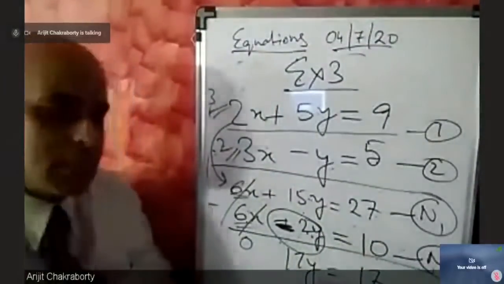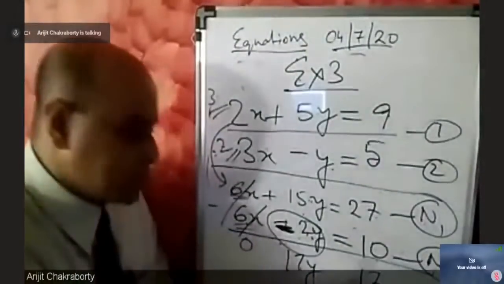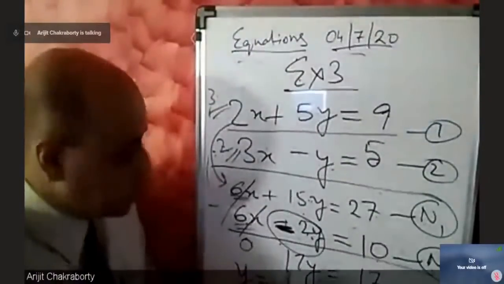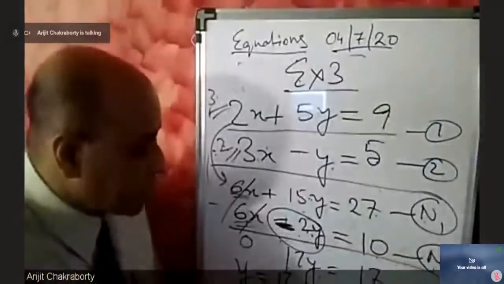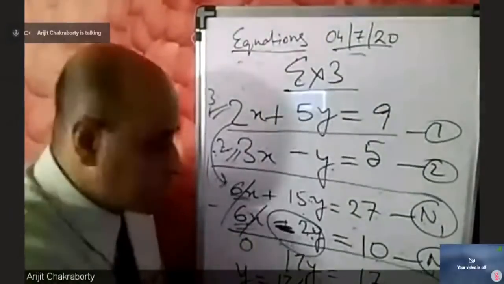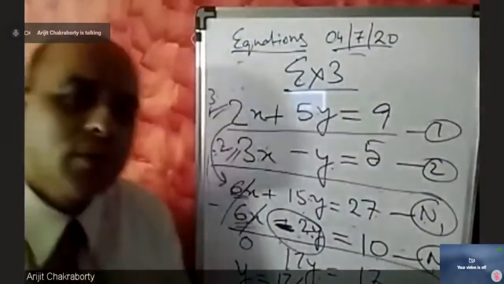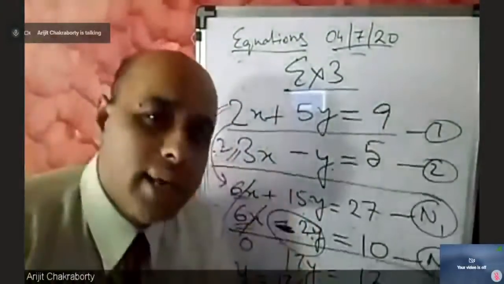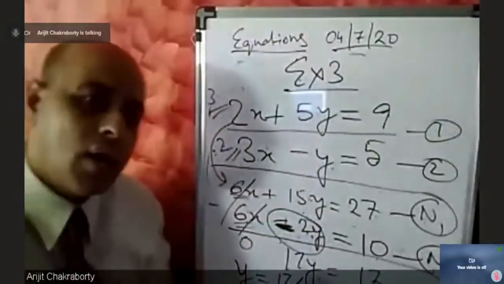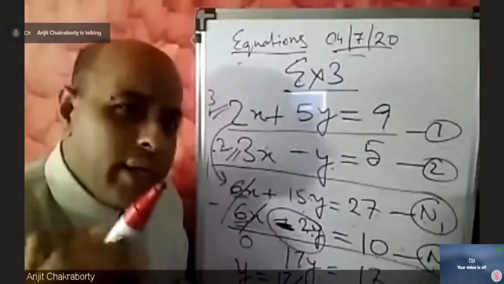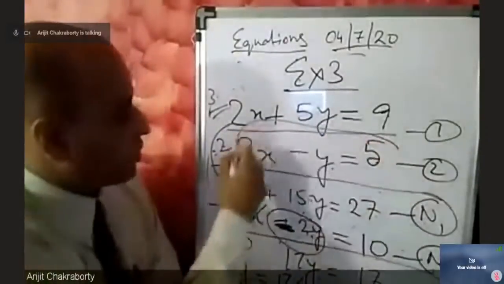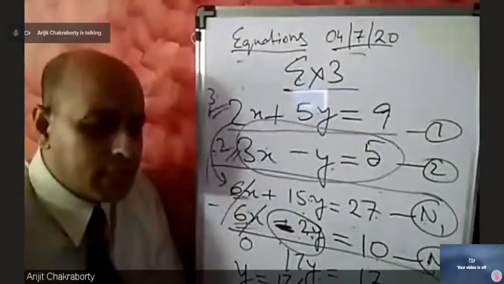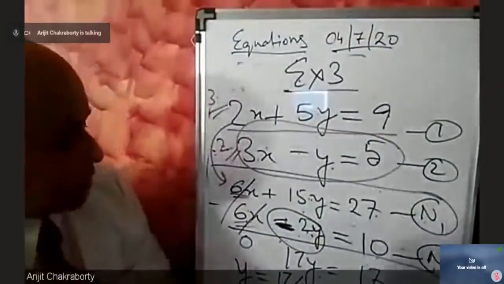So dear friends, we have got 17y is equal to 17. Therefore, y is equal to how much? y is 17 by 17, which is 1. So we have got the value y is equal to 1. Now that we know y is equal to 1, we are going to put y equal to 1 in the second equation.